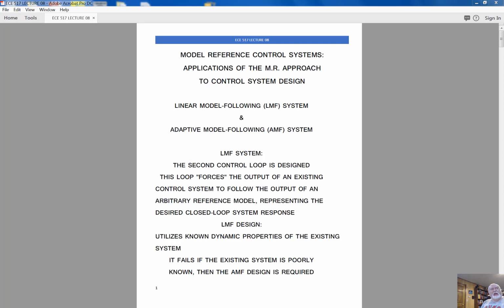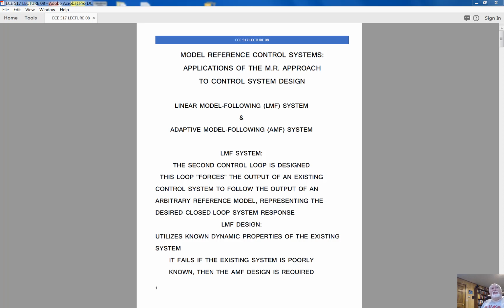It means that first we have a control plant, then we build the controller to stabilize this control plant, and at this point we're basically concerned about the stability of the system with the control plant.